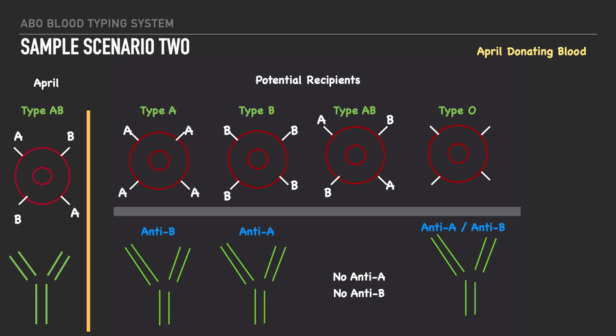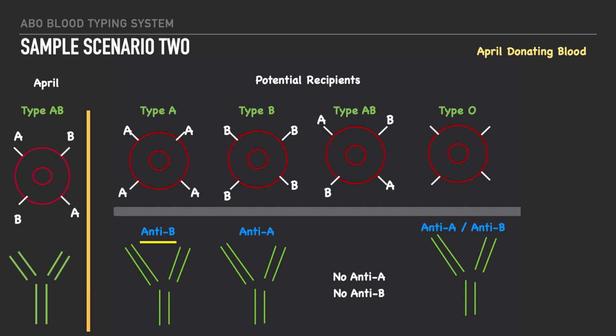Now, let's shift gears and ask, which blood types could April donate to? If we have an individual with type A blood, we can see that they have anti-B antibody. And so this individual's blood would reject any red blood cell with a B antigen on it. And unfortunately, April has a B antigen on the surface of her red blood cell.